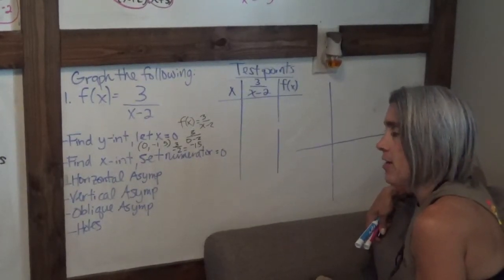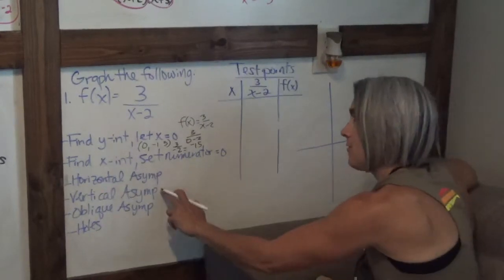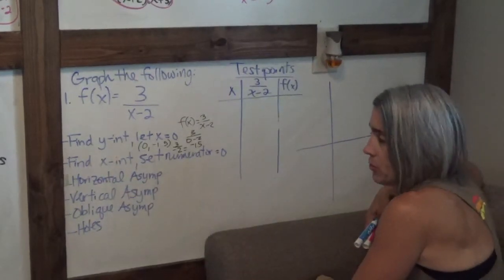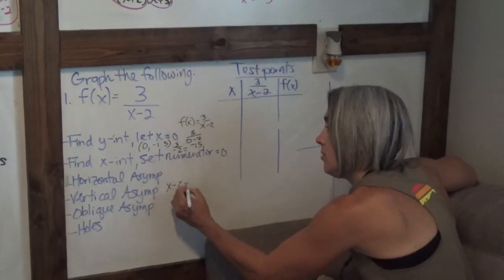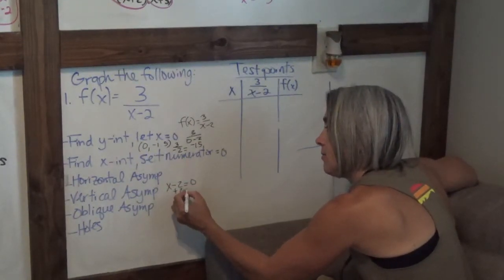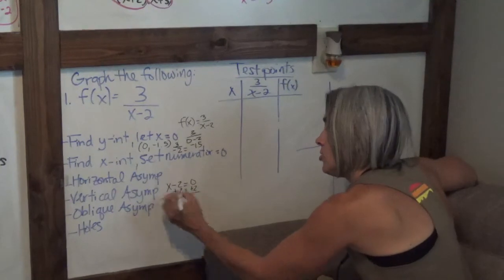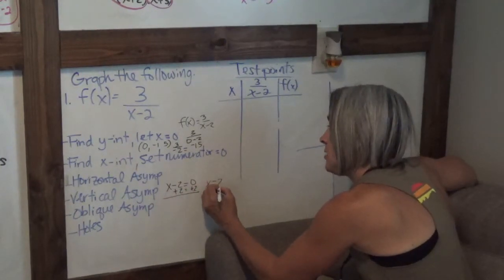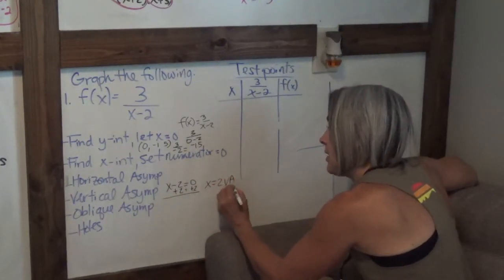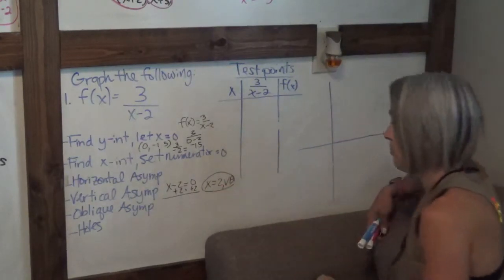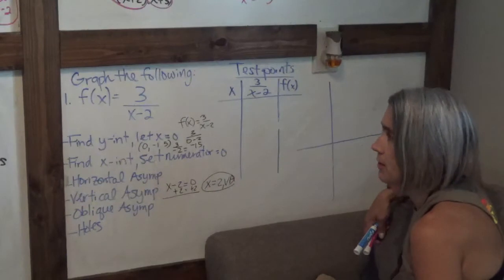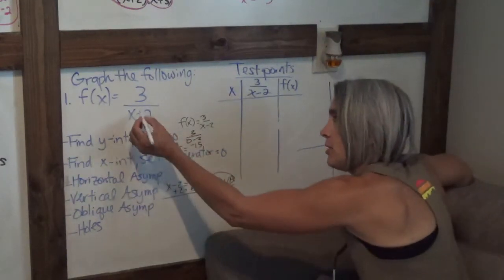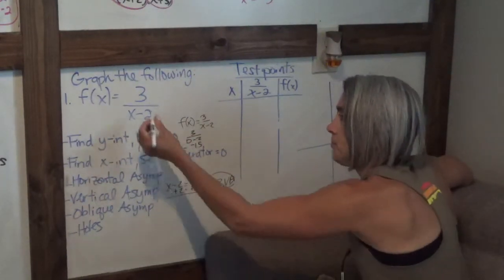Now we need to find our asymptotes. Let's find our vertical asymptote. A vertical asymptote is found by setting your denominator equal to 0 and solving it. So my vertical asymptote is x equals 2. Now, horizontal or oblique. What is the degree of the bottom?